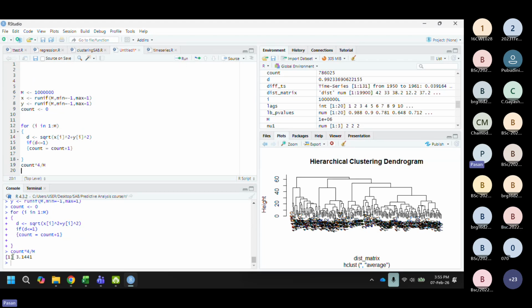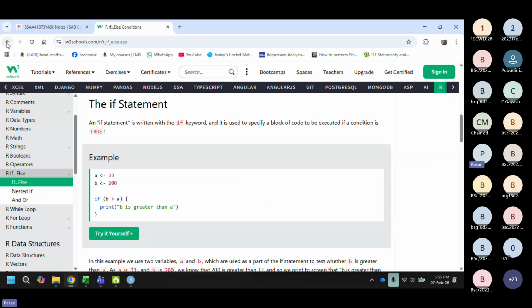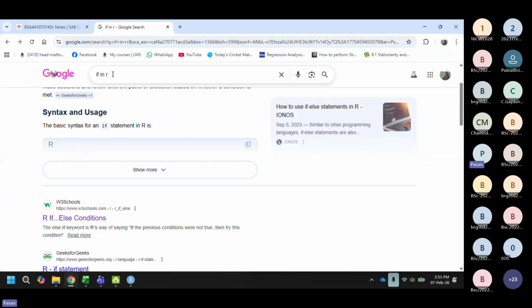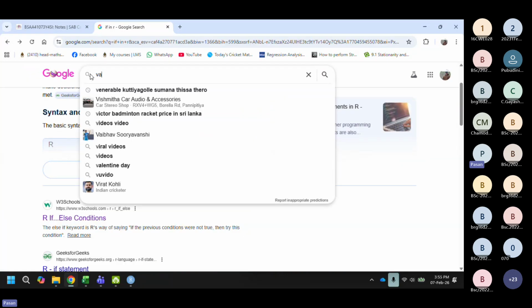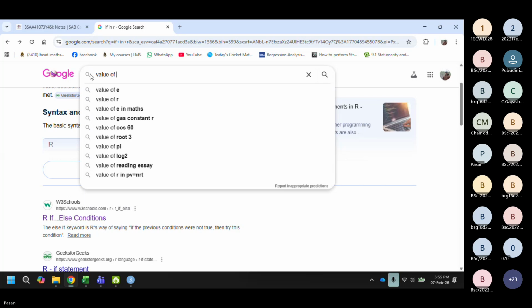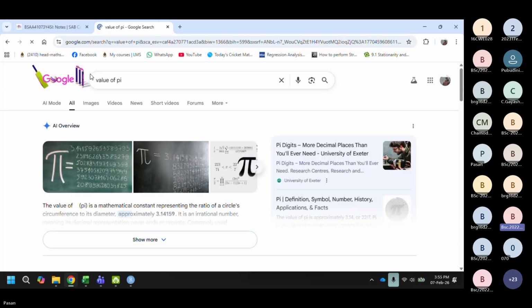And then you can see that 3.144 and so on. I don't know what the actual value of pi is, right? So I can even find it here and see how good it is, right? So you can see that 3.14159 and so on. And so that's the approximation.